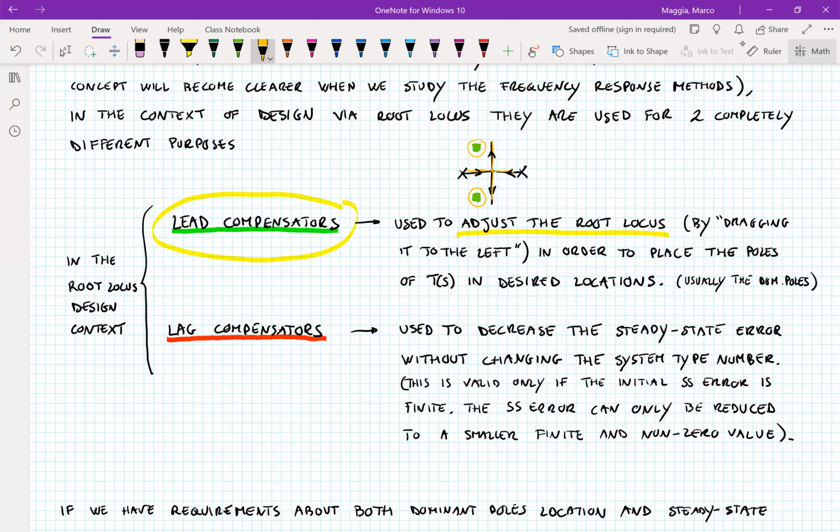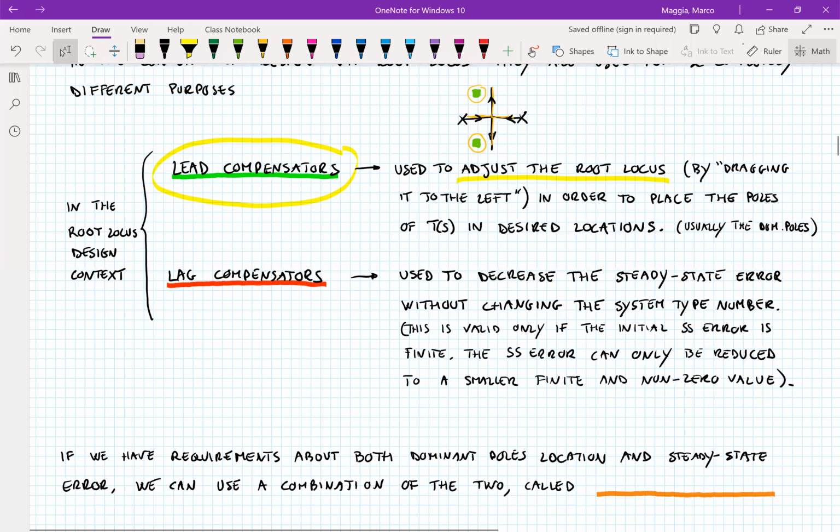The lag compensator, instead, although it kind of does the same thing because both compensators will modify the root locus, has the main purpose of just decreasing the steady state error without changing the system type number.